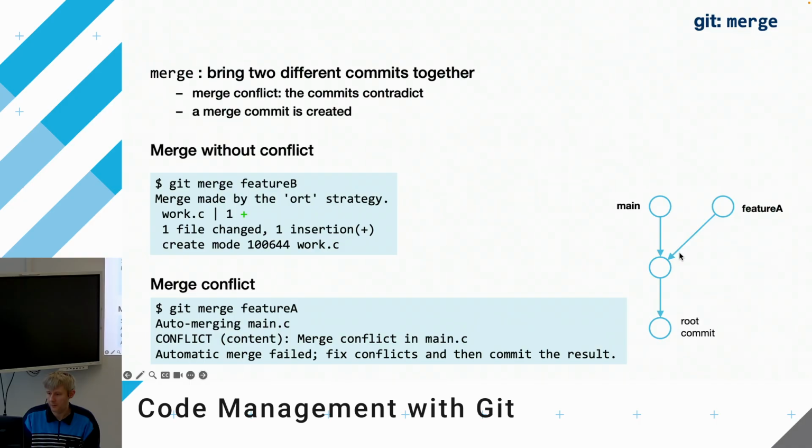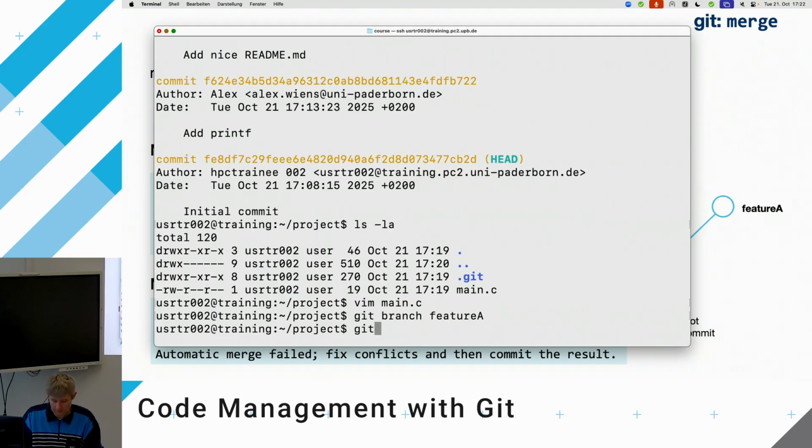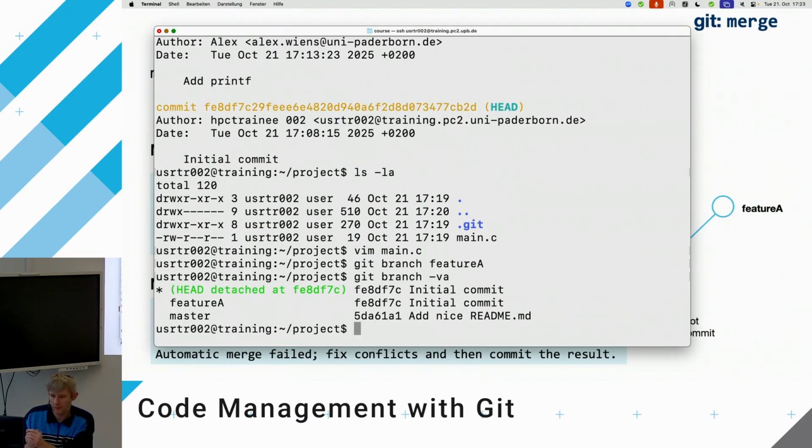So there will be two branches here. So let's see. I was looking at the first commit, and I'm creating a new branch.